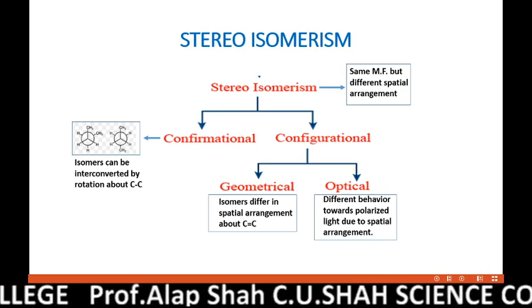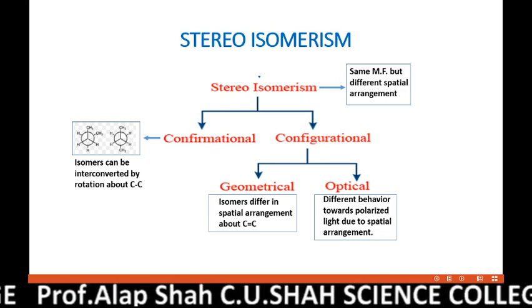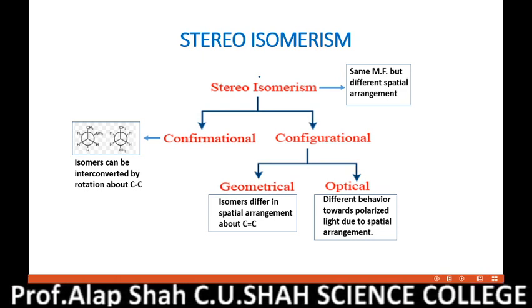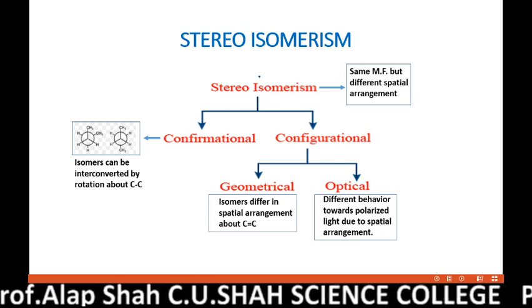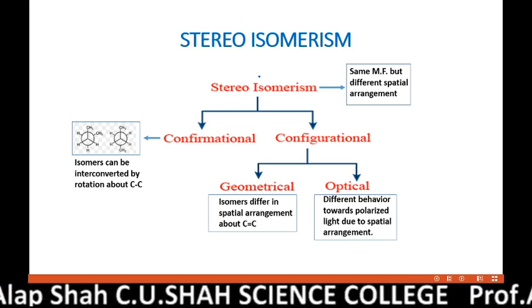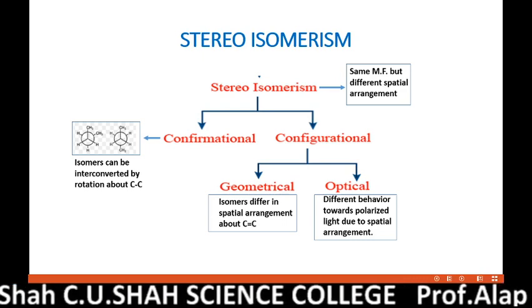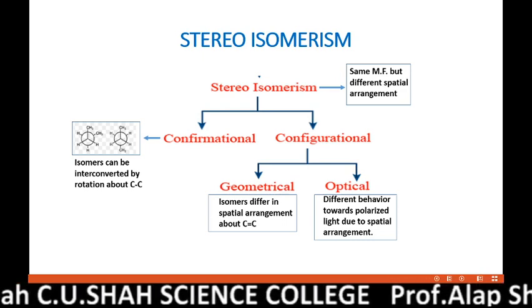We can say that in optical isomerism, the word optic is related to light. There is a role of light. These isomers have different behavior towards plane polarized light, that's why they are called optical isomers.